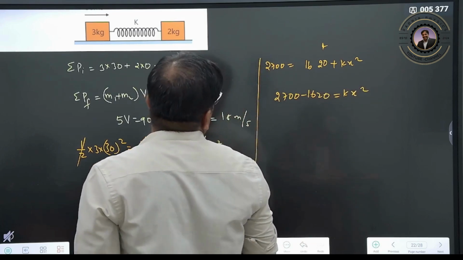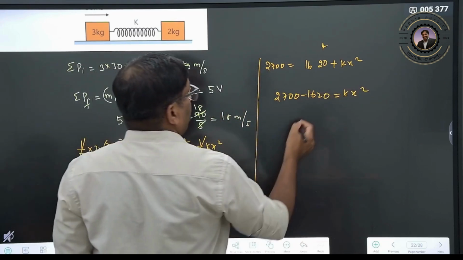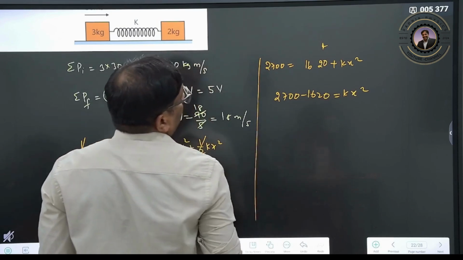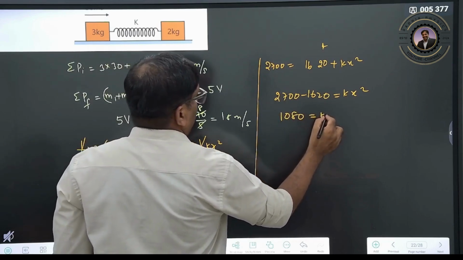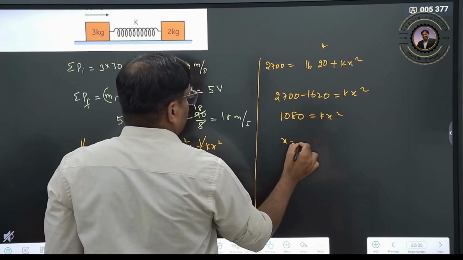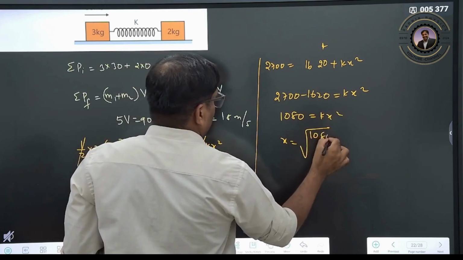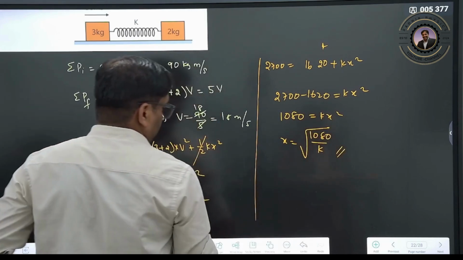How much will it be now? 1080 will be your answer for k x square. So x is equal to root of 1080 by k, that will be your answer.